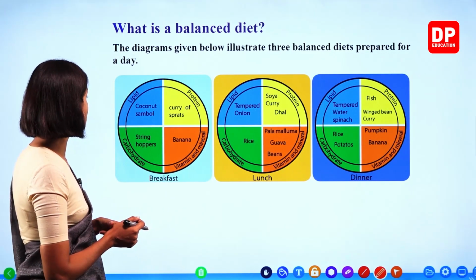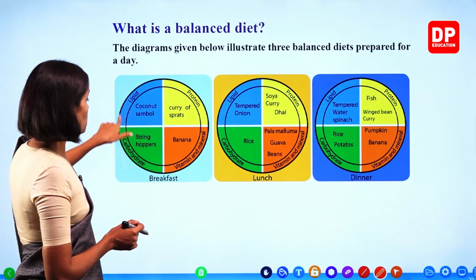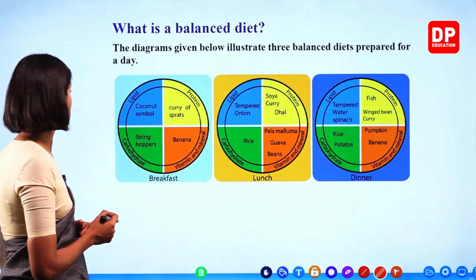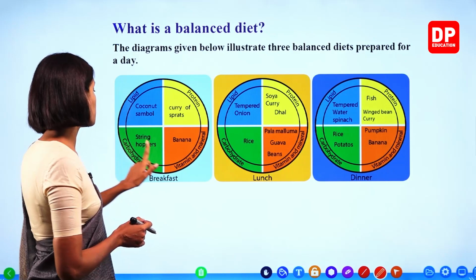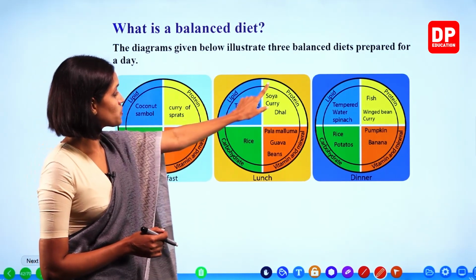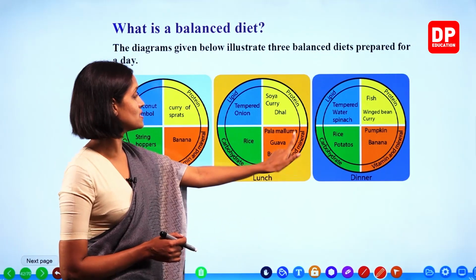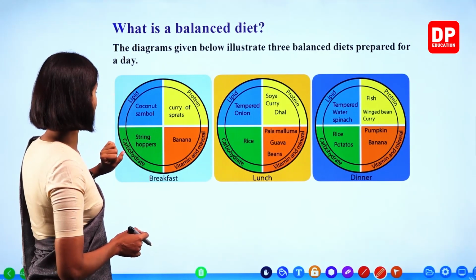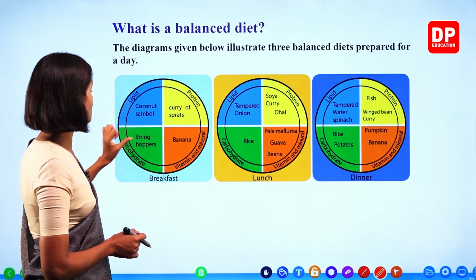So you all know in a balanced diet, all 5 nutrients must be included: lipids, proteins, carbohydrates, vitamins and minerals, right? Here, for breakfast, under lipids, coconut sambal. Under carbohydrates, string hoppers.